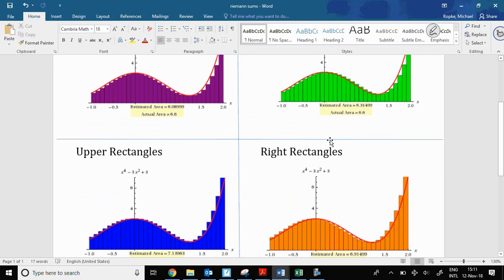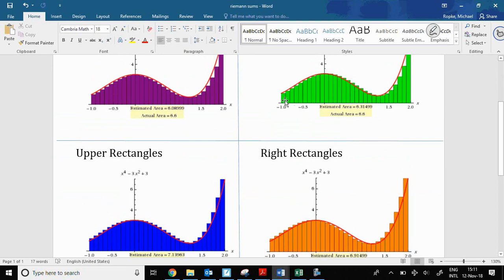You can see that the left rectangles just touch the curve at the left end of each subinterval, whereas the right rectangles touch the curve at the right end of each subinterval. Left and right rectangles are going to over or underestimate the area depending upon whether the function is increasing or decreasing.